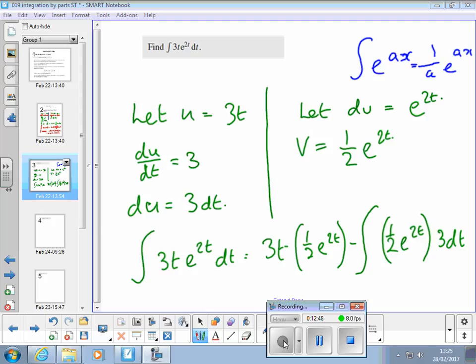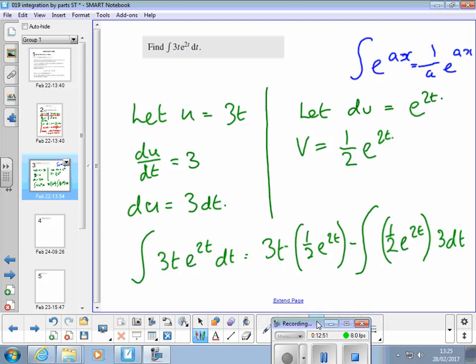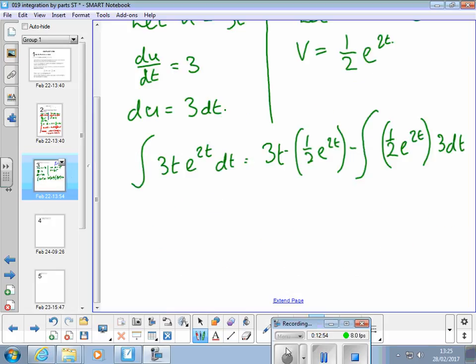Everybody get that far? So that equals, where do we go next with that then? What can we do with this integral here to simplify it still further? So I'm going to write 3t times half e to the 2t minus, what can we do with constants?